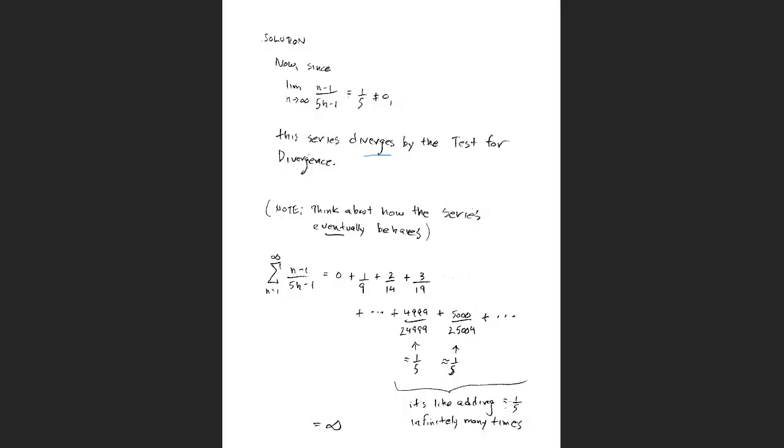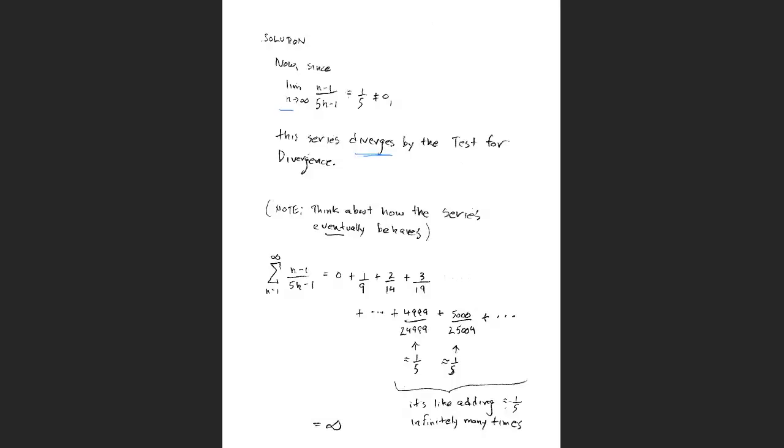No, they don't. So really, when n is large, the terms of the series start behaving like n over 5n. And n over 5n is 1/5, right? So this series is going to diverge.